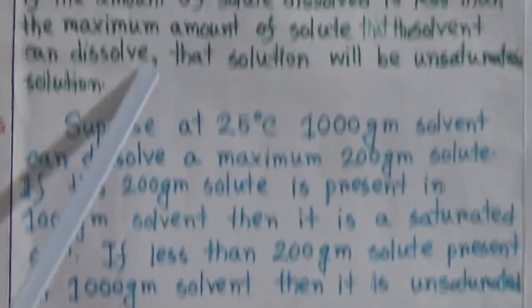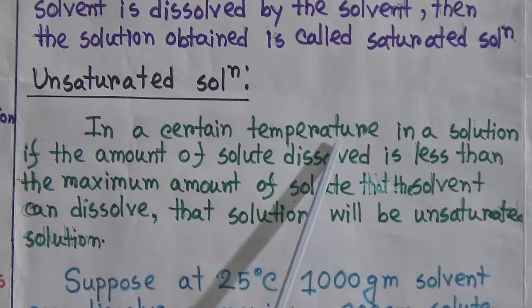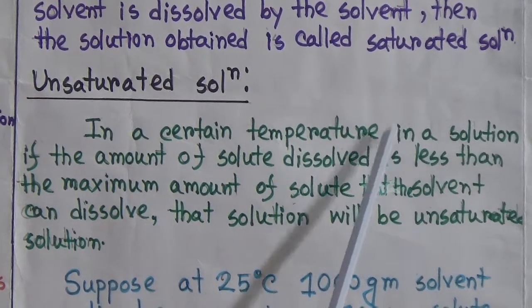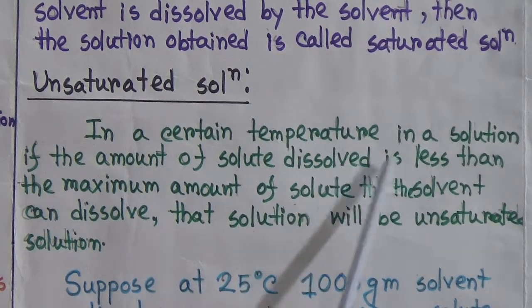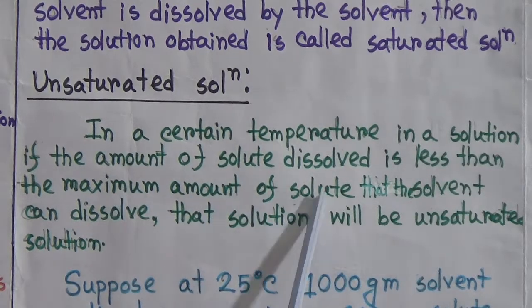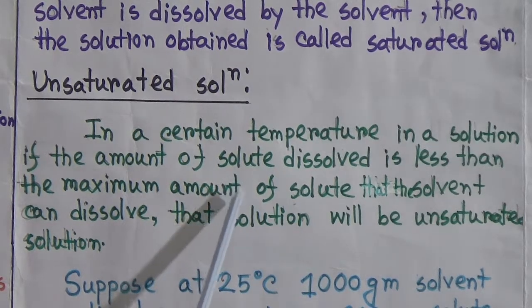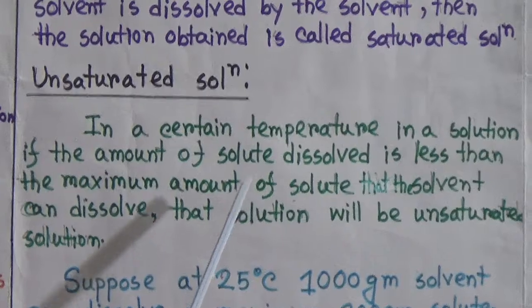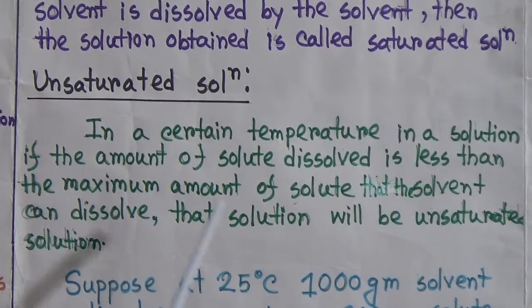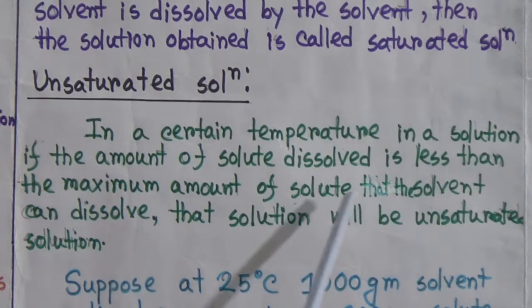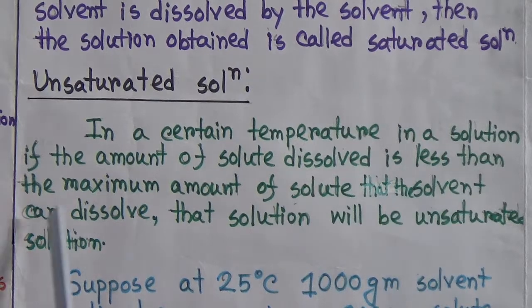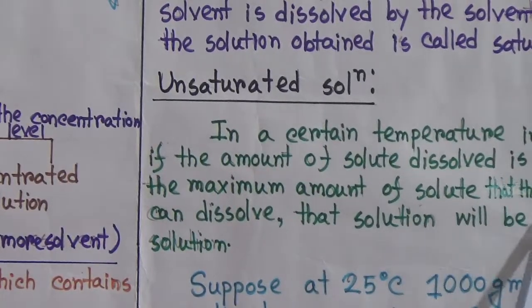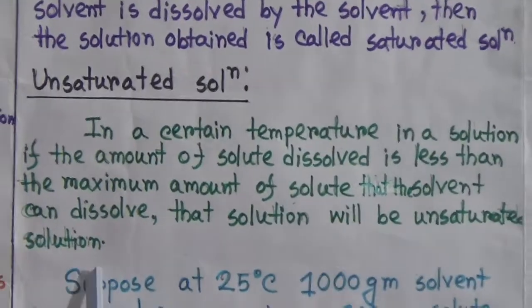And in the case of unsaturated solution, at a certain temperature, 25 degrees Celsius, if the amount of solute dissolved in a solution is less than the maximum amount of solute, here the maximum is 200 gram, and we have taken less than 200 gram, that means 150 or 180 or 160, then that solution will be an unsaturated solution.